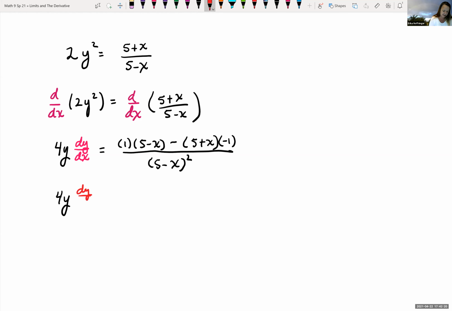So before I get dy dx by itself, let's clean up that one side. So notice this negative here and this negative here, that actually makes it positive. So we're left with 5 minus x for that first grouping, and then we can just do plus 5 plus x, all over 5 minus x, quantity squared.